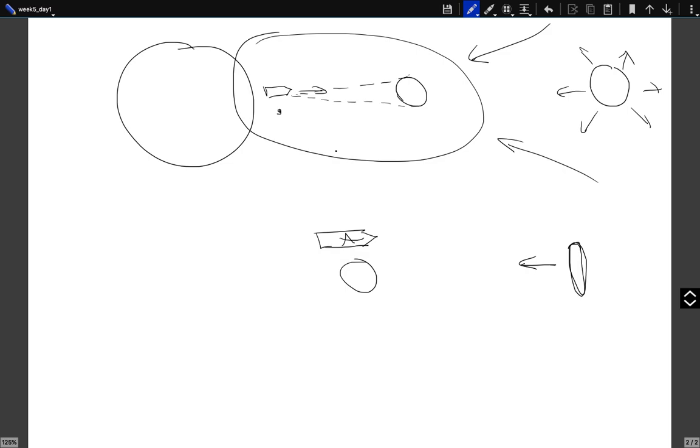In the reference frame of the ship, it's the same size moon. This will be the angle.